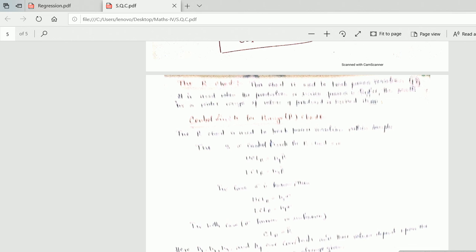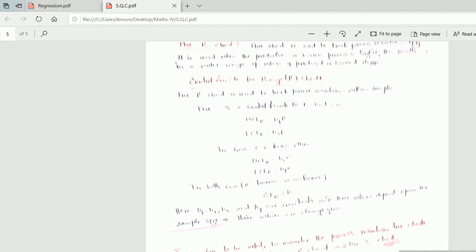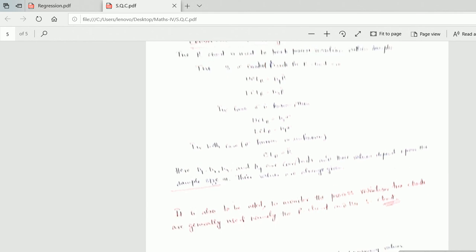In case sigma is known, then UCL R is equal to capital D2 sigma. LCL R is equal to capital D1 sigma. In both cases, sigma known or unknown, CL R is equal to R bar.